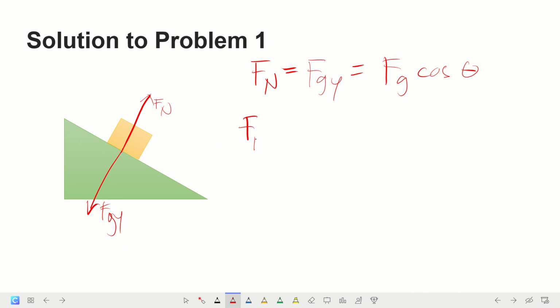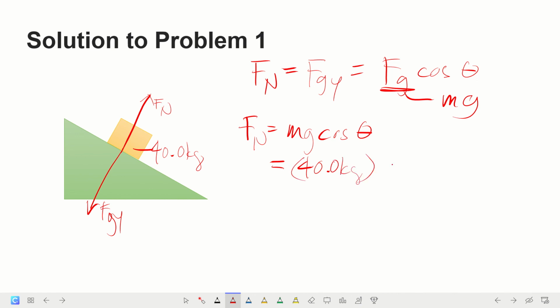So F of g is also equal to mass times the gravitational acceleration. So, therefore, F of n is equal to mg cosine theta. So, palitan natin. So, we know that this mass is 40 kilograms.